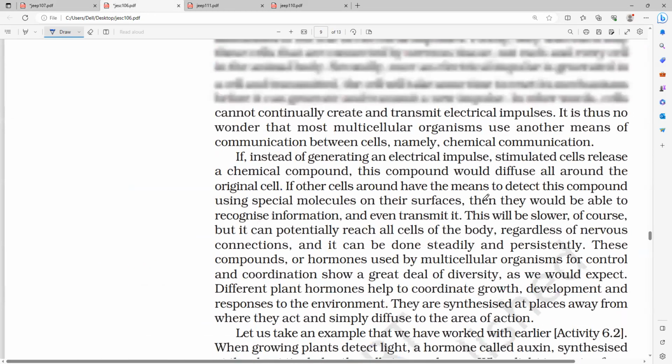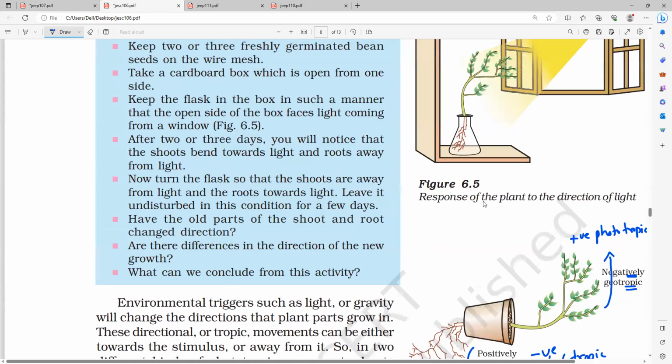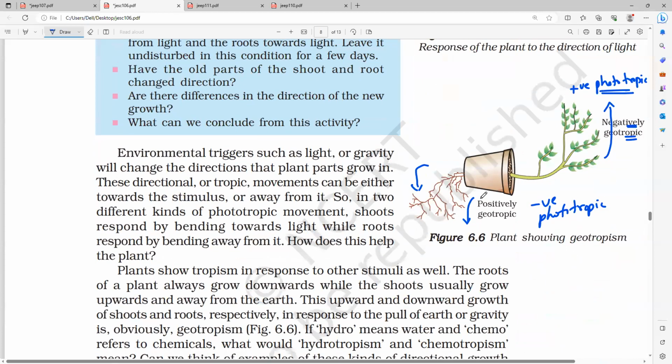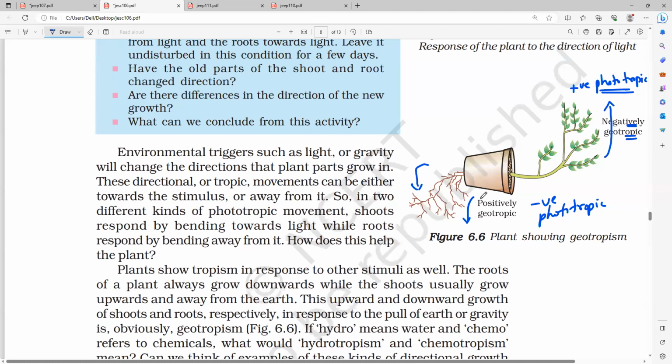That is an example of positive phototropism, while roots always bend away from the light. That is why it is said to be negative phototropism.